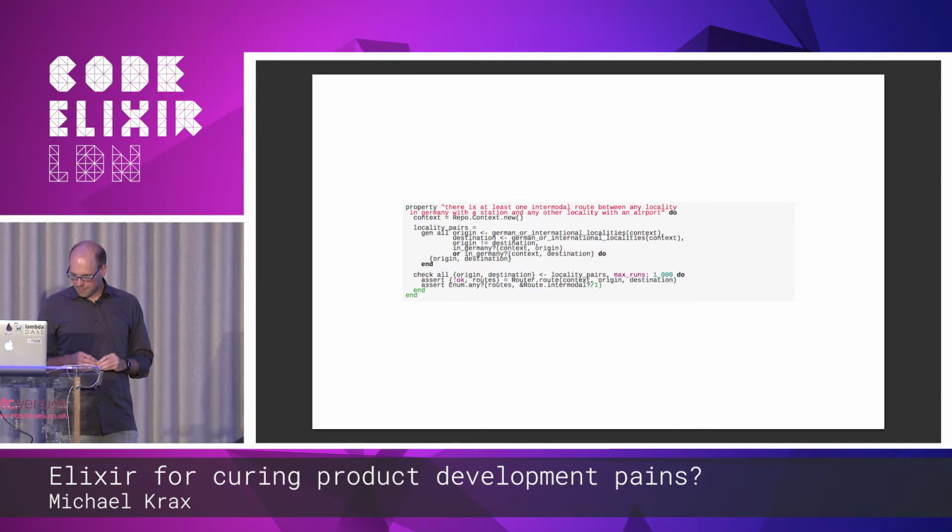And one of them needs to be in Germany, origin or destination. And then we are just checking if there is actually a route in there. Should be pretty easy and straightforward to understand, I hope. Let me know if you need more time to read through it.